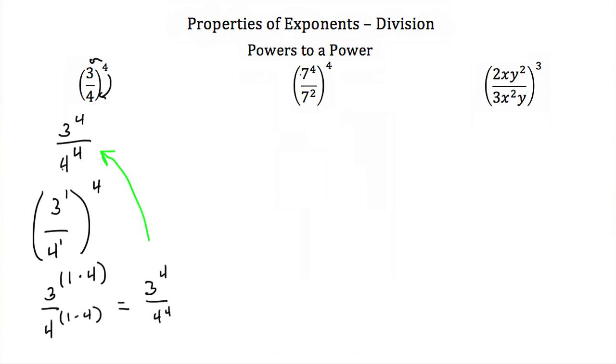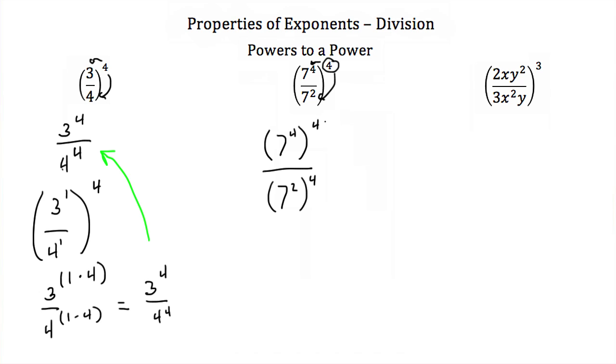Here in this example, we have 7 to the 4th divided by 7 squared, all raised to the 4th power. So if we distribute this outside 4 here into both sides of this fraction, we would end up with 7 to the 4th to the 4th over 7 squared to the 4th.